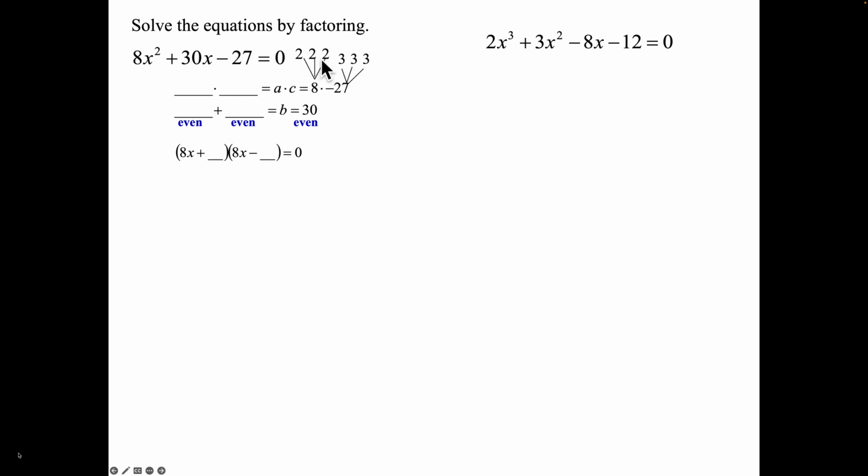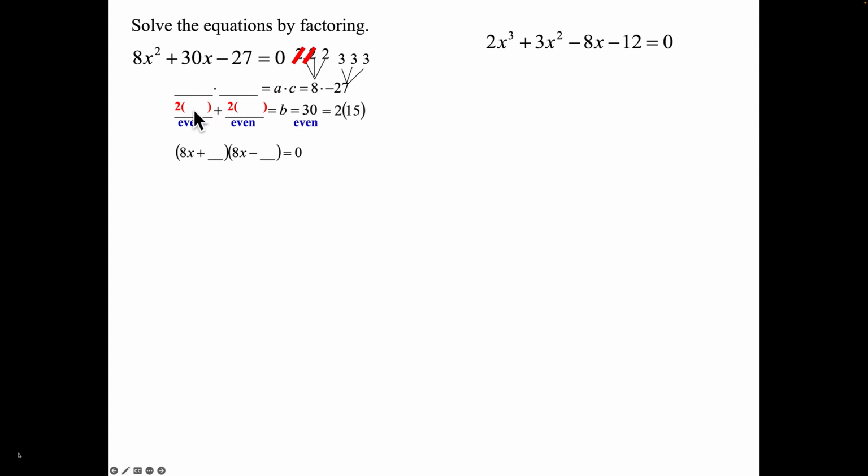So I went with all 2s here. So I'm going to take a pair of these 2s, one each for each even number. Remember, every even number is divisible by 2, so there has to be at least one 2 being multiplied to that number. We'll cancel those out. Then take the 30, divide it by 2.